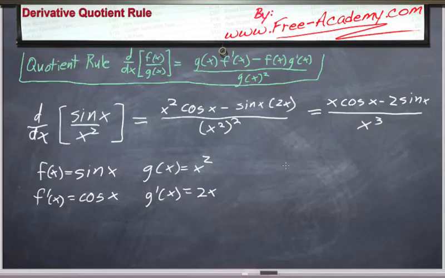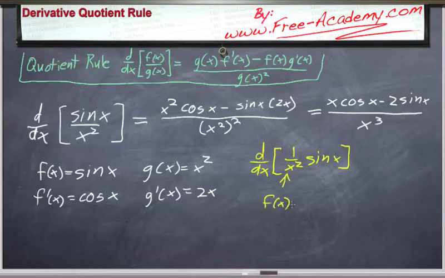Now, we can do this problem a completely different way. Let's say that this is also equal to 1 over x squared times sine of x, which it is. That's exactly the same. In this case, we can use the product rule.